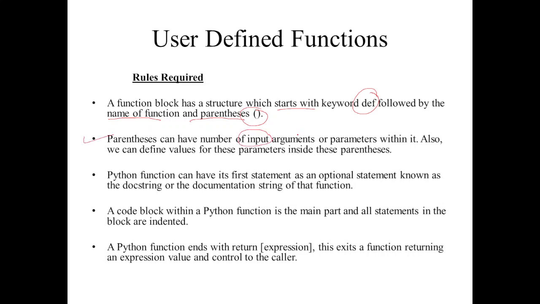Parentheses have some input arguments, which can be any variables, and we can define default values of these parameters as well. Next is the optional docstring part. And next is the main part, which is also called code block. And in the final part, there is the return keyword, which shows the end of the function.